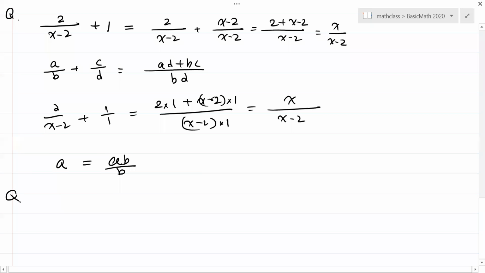All right, let's do one more problem. 3 minus x over x plus 4. Now, can you combine them? Today's topic is about simplifying algebraic fractional expressions. So we use those formulas, adding two fractions together, and how to combine.